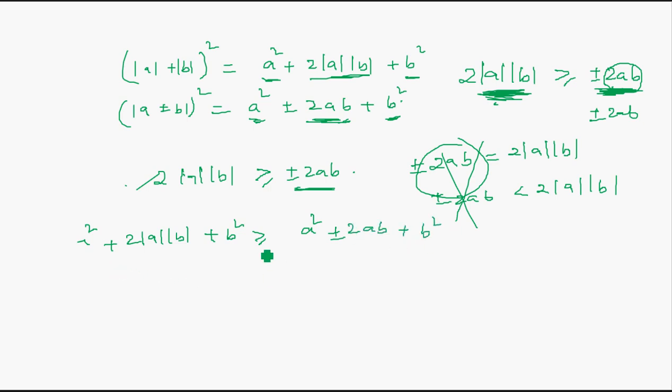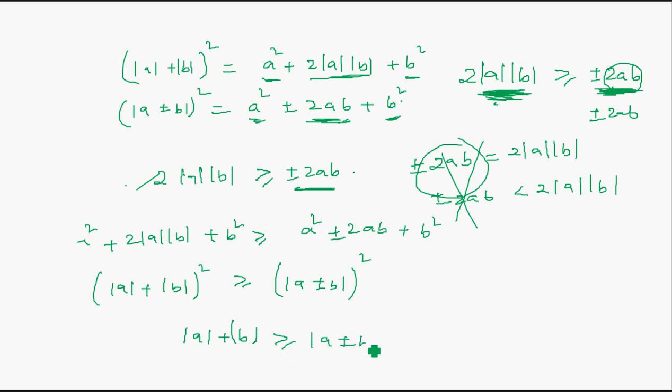So what is this equation? Basically it is |a| + |b| whole square is greater than or equal to |a + b| whole square, right? So when we remove squaring, it is nothing but the property that we were discussing.